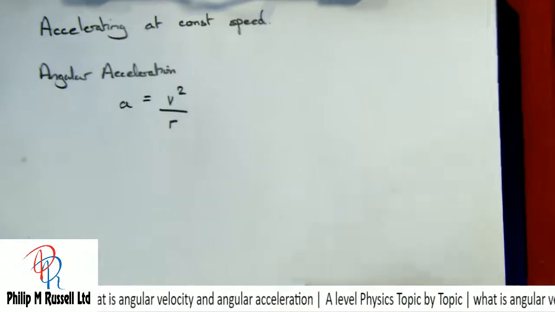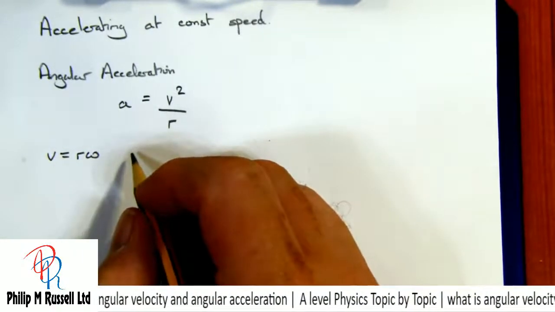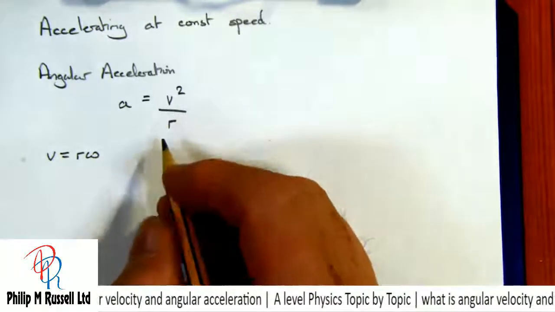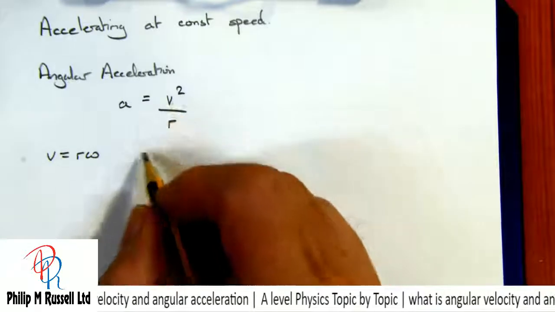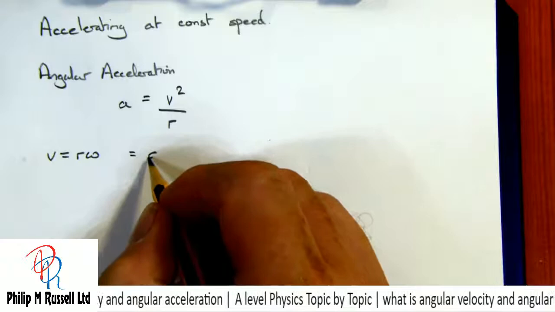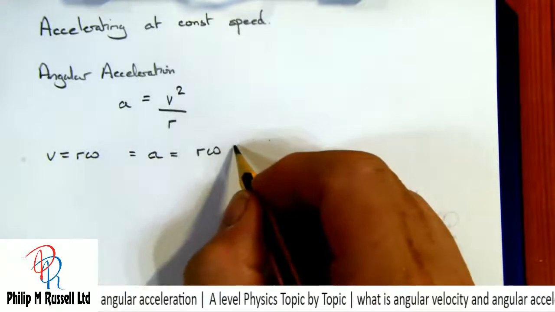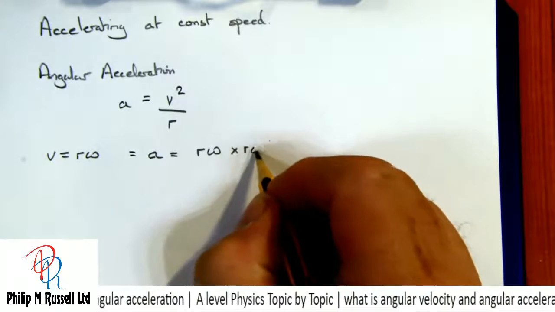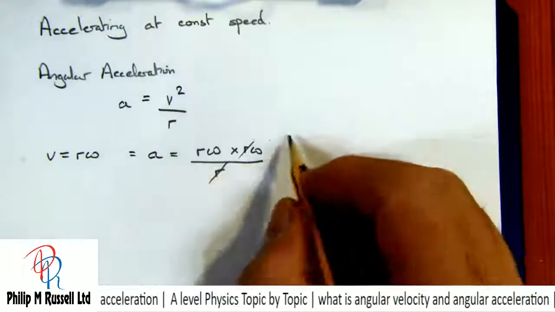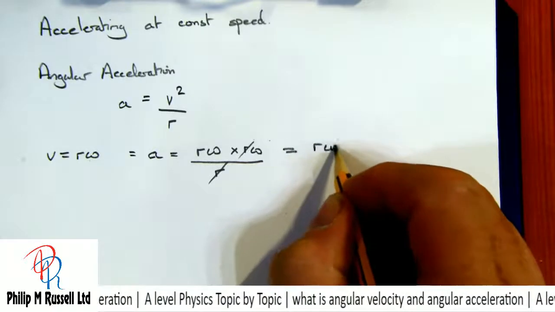Now, since we know that v equals r omega, we can write this slightly differently. My acceleration is going to be r omega times r omega all over r. Well, those r's can cancel, which is going to give me simply acceleration is r omega squared.